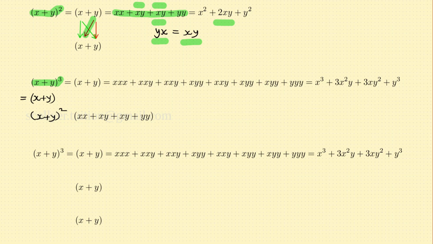Now for the expansion of (x plus y) cubed, first note that (x plus y) cubed equals (x plus y) times (x plus y) squared. And we've seen that (x plus y) squared can be written unsimplified as xx plus xy plus xy plus yy. And so in this case, the crab claw expansion looks like this.